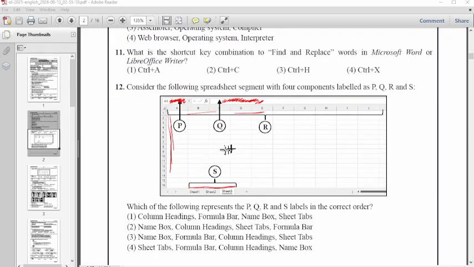Looking at that, we need to identify what PQRS is. P is the name box. Next, Q is the formula bar. Next is columns, and finally S is the sheet tabs. So this is the right answer. Okay, let's move to the next one.